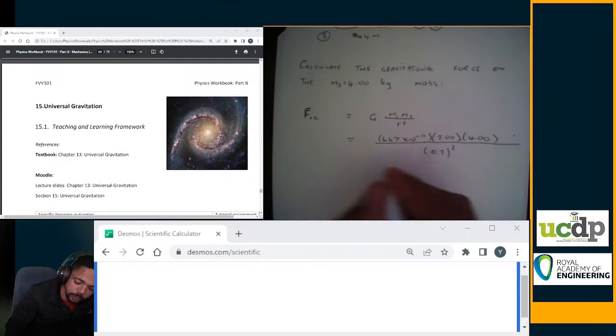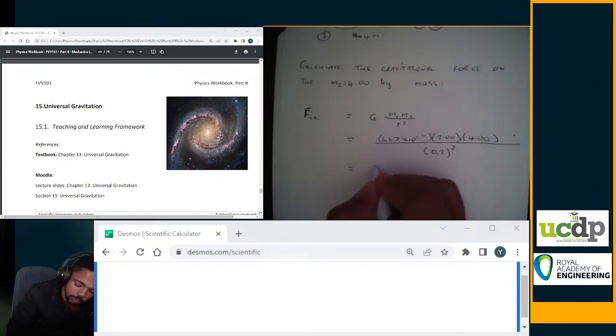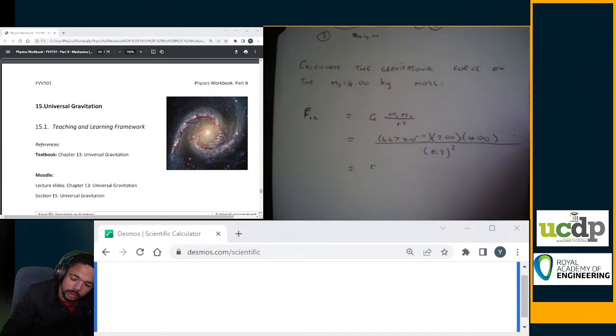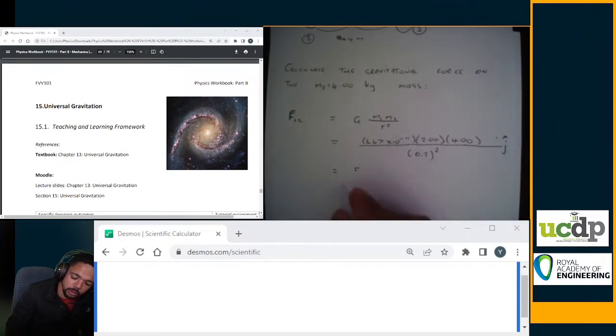Okay, that gives us a force between 1 and 2 equal to 5.93 times 10 to the negative 11. By the way, this is in the J hat direction, so we don't have to say upwards or anything. We can just say in the J hat direction.